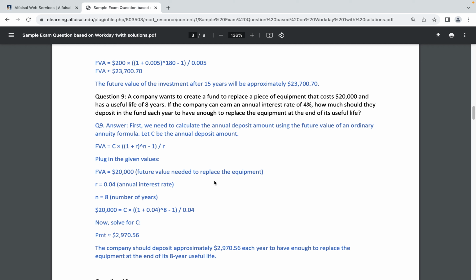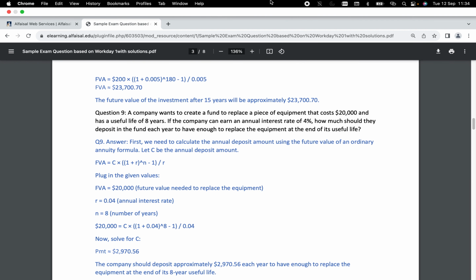Again, we've got to look at our C's and our R's and our N's to decide what they are before they're going in. So it costs 20,000 and it has a useful life. So 20,000 is the value needed to replace the equipment.